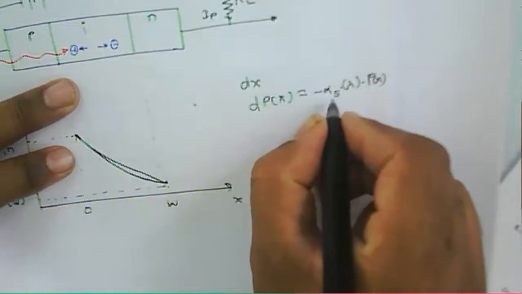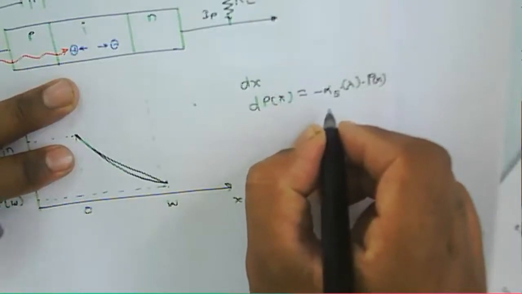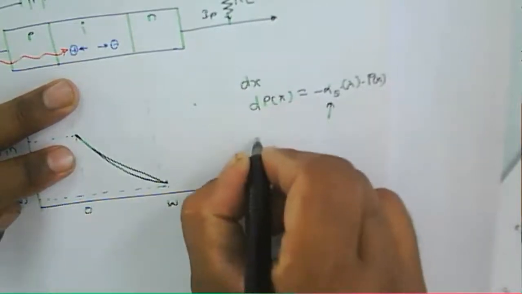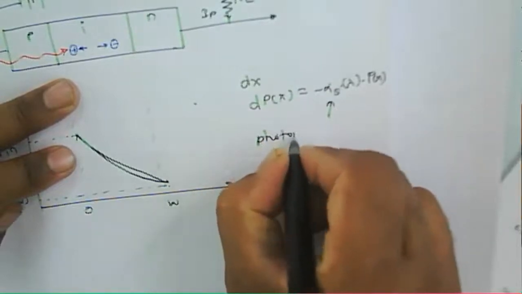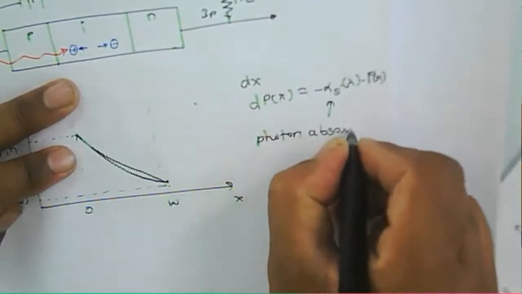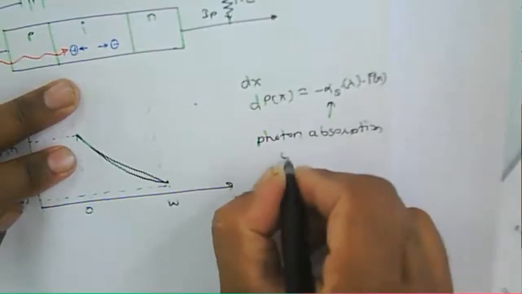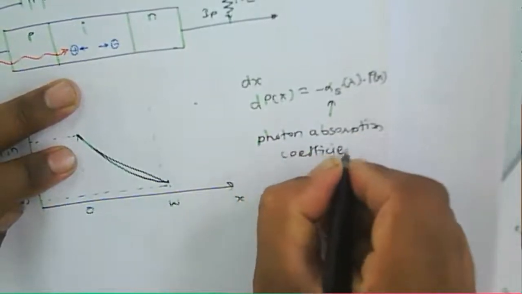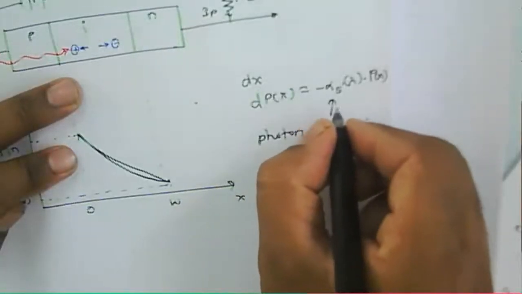Now this alpha s is nothing but what? A photon absorption coefficient, and it depends upon the wavelength.